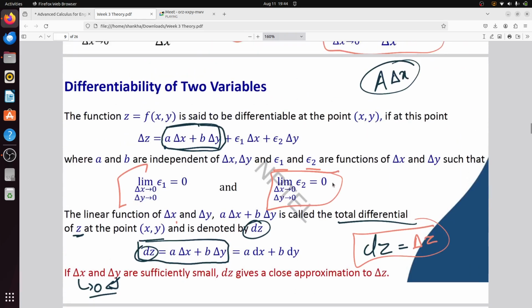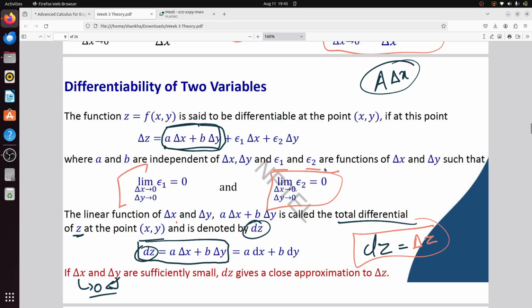Okay, now differentiability of two variables, that is our aim to solve. So what is the differentiability of two variables? See the definition clearly. The function z equal to f(x, y) is said to be differentiable at the point (x, y) if the increment in z, delta z, equals A delta x plus B delta y plus epsilon 1 delta x plus epsilon 2 delta y.